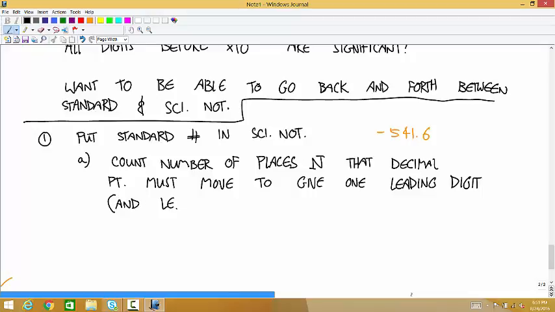And did you have to move the decimal point left or right? So in this example, how many places do you have to move the decimal point for one leading digit? 2, and you have to move it to the left. So in this case, n is equal to 2, and we had to move it to the left.